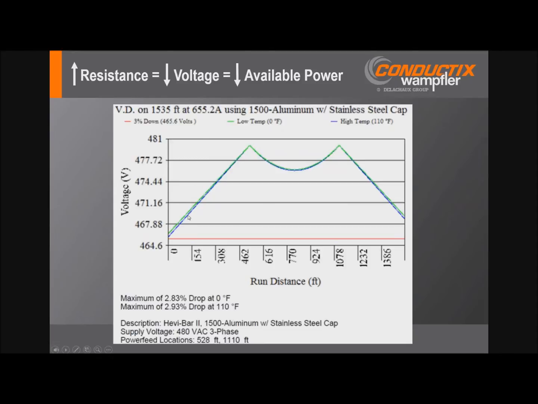The blue line indicates our temperature-adjusted voltage at 0, and the green one is 110. And here you can see just how, with the 2 feed points, we've got obviously much lower voltage drop than we do at the tailings on the ends. But this type of evaluation is helpful to know really what available power there will be along the system.